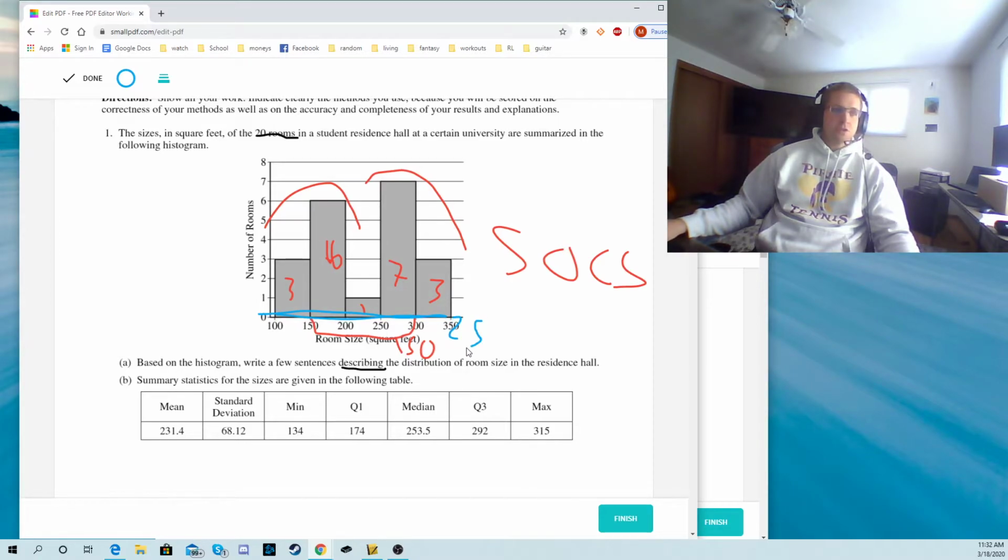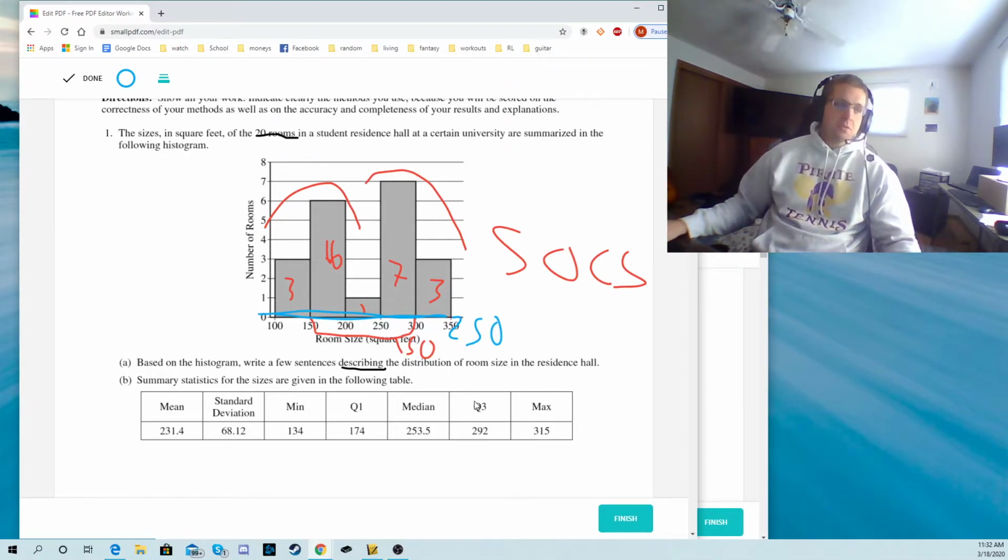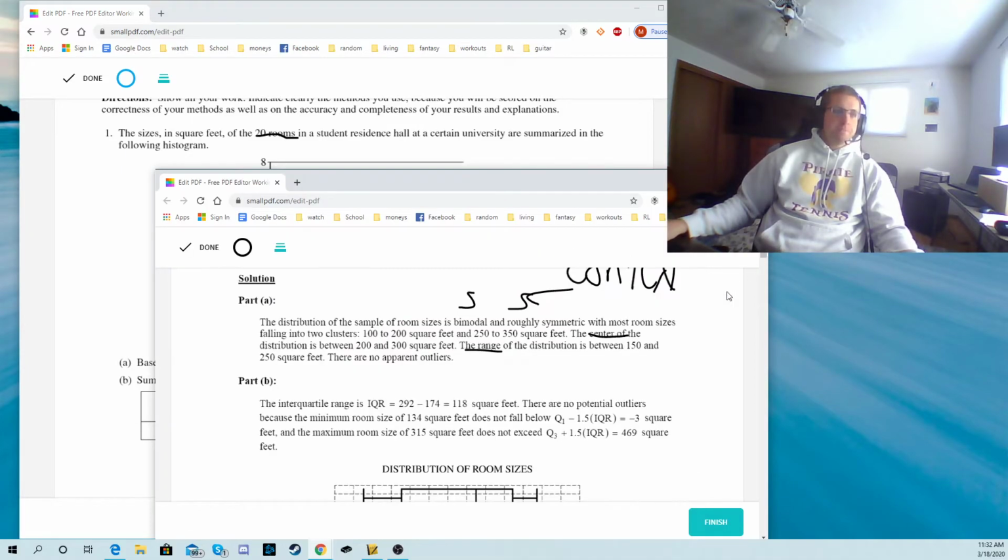And since you don't actually know where the data points are, it could be anywhere between there. So I really like how they said that. There are no apparent outliers. So we got shape, center, spread, and outliers. So that makes all the SOCS.